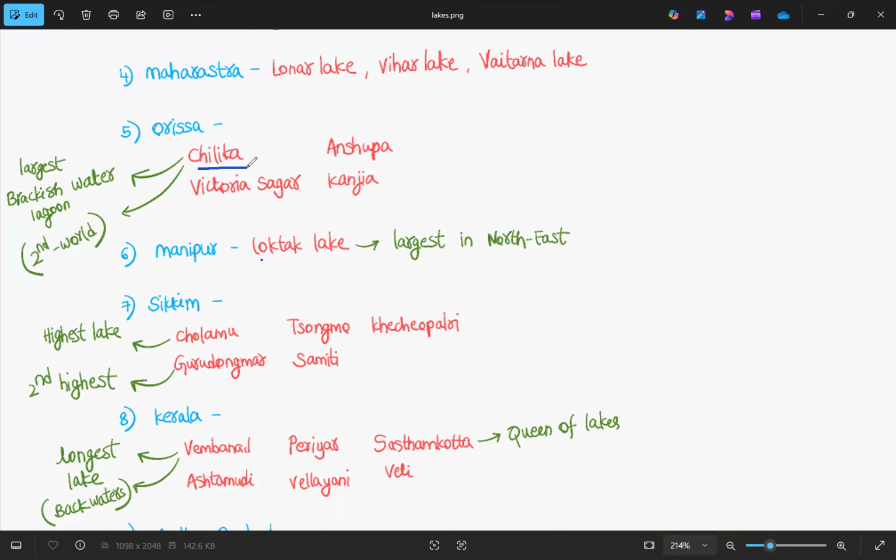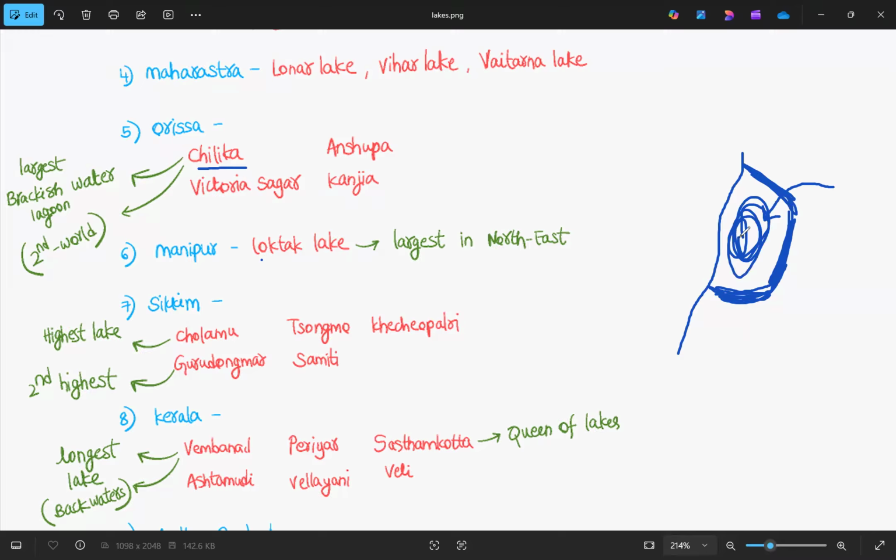Chilika is the largest brackish water lagoon. So what is a lagoon? For example, if you think this is the coast and there are sandbars, sand gets accumulated here, and as time passes it gets enclosed with the sand, and it becomes a lagoon, where water from the sea or the ocean accumulates.